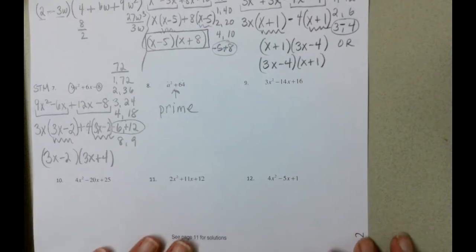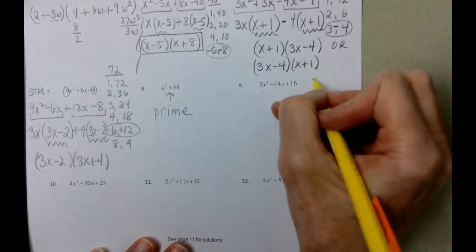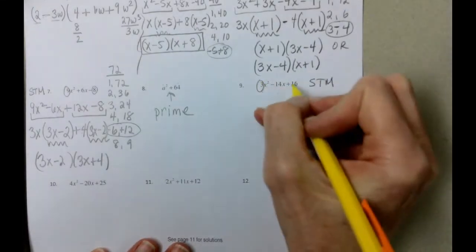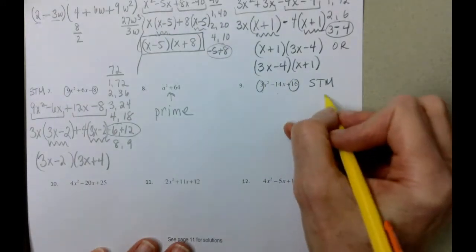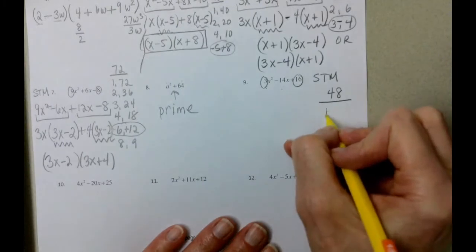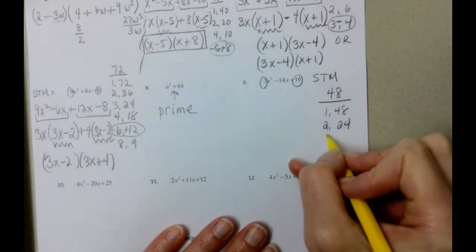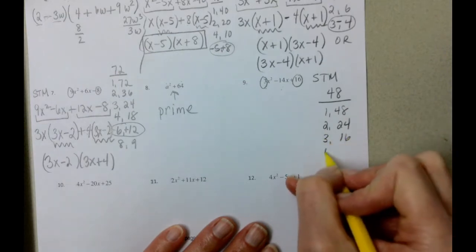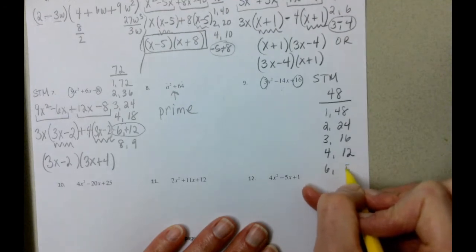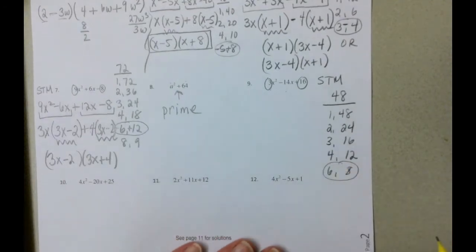So moving on to problem number 9, we have 1, 2, 3 terms. When we see 3 terms, it seems to be split the middle. 3 times 16 is 48, and when we look at the factors of 48, it's 1 and 48, 2 and 24, 3 and 16, 4 and 12, 6 and 8, and it seems that it's going to be 6 and 8.